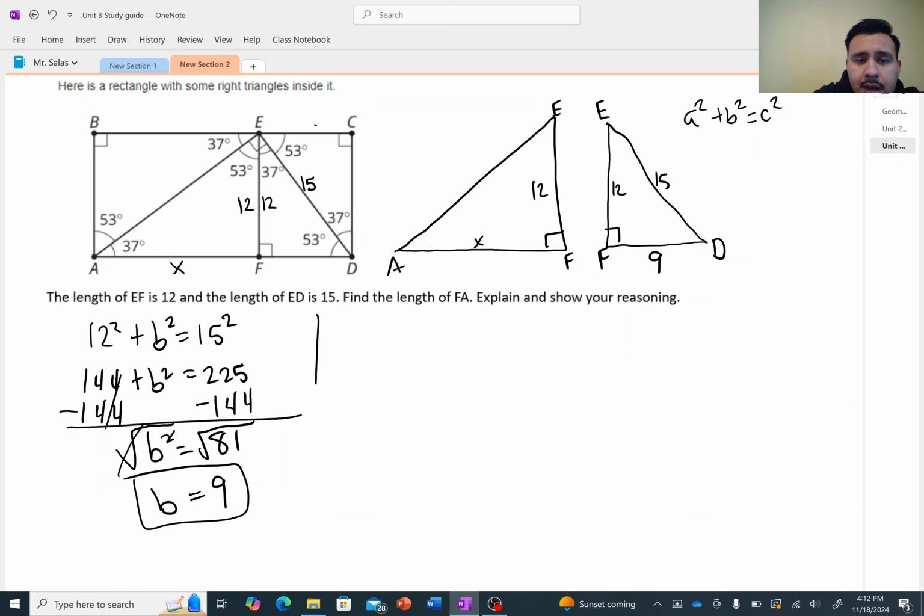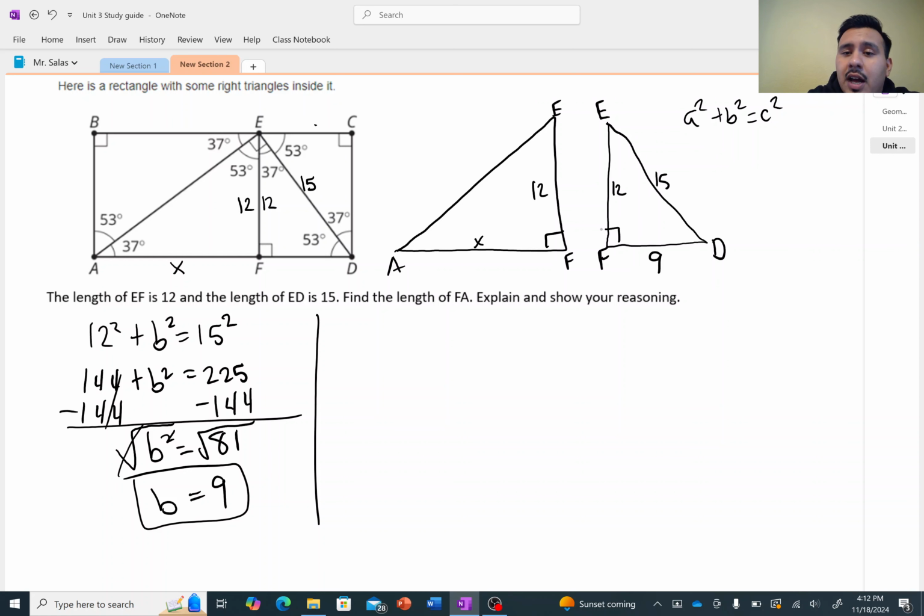Now I'm going to find the ratios that correspond with each other. We're going to basically think that the 12 corresponds with the 12. However, that is not true.